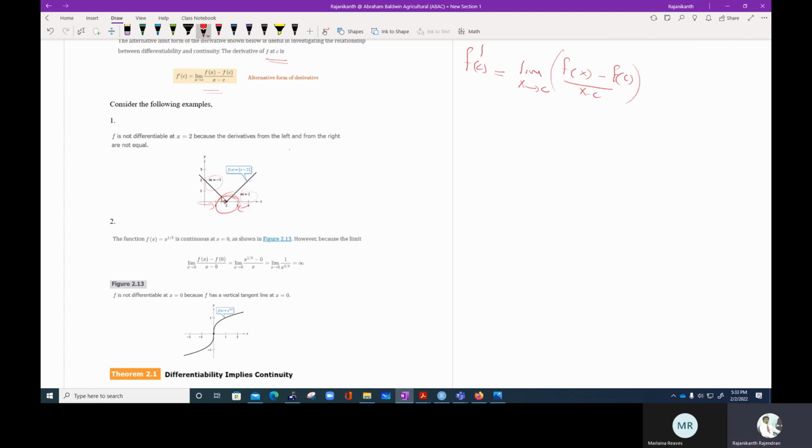These scenarios appear when you have sharp edges, like a sharp turn. There you cannot find the derivative. Your curve should always have a smooth turn. Then only will you get the derivative answers. If you see very sharp edges, there's no derivative.